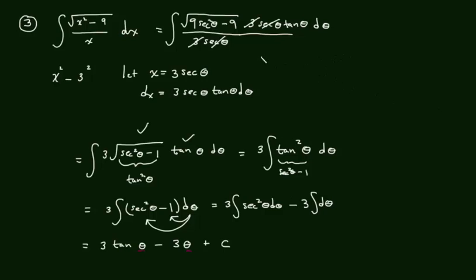x over 3 equals the secant of theta. Draw my triangle. Theta. Secant of theta. Well, the cosine is adjacent over opposite. So this is going to be x here and the 3 here, the reciprocal.